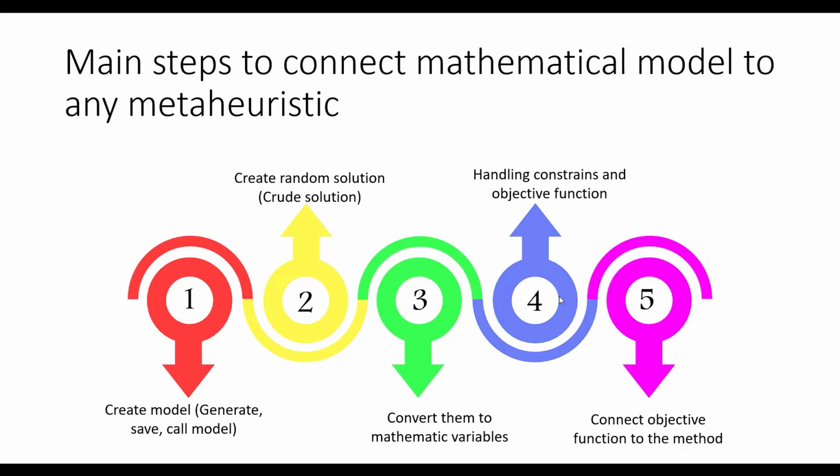So I think for any given objective function, for any given optimization problem, this step would be quite critical and important. And by taking just these steps, we can easily connect the mathematical model to all sorts of metaheuristic algorithms. Thank you.